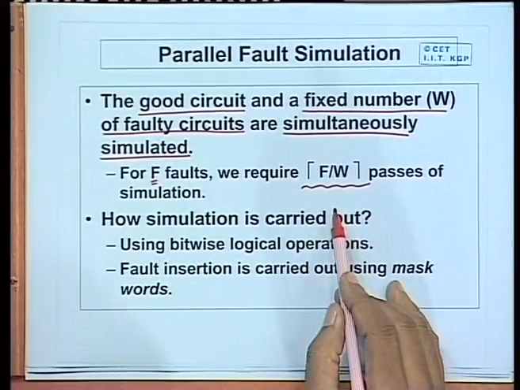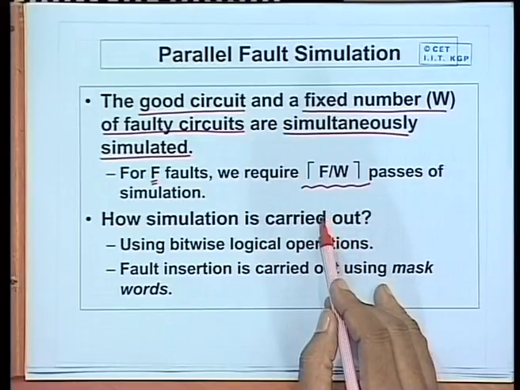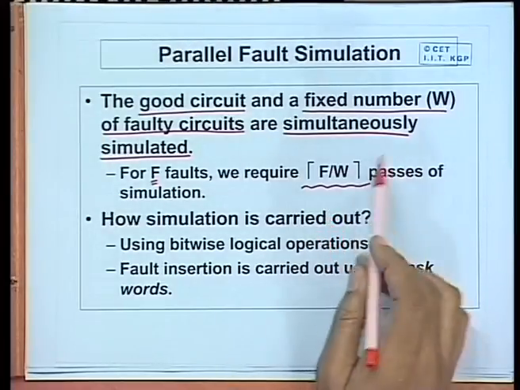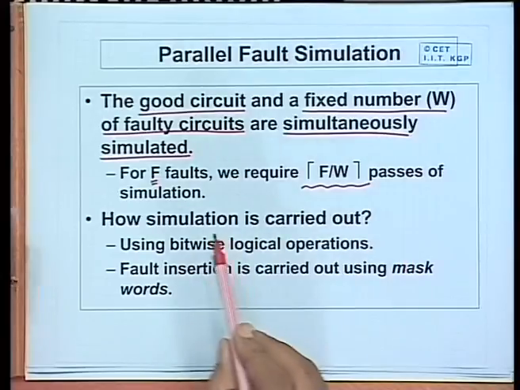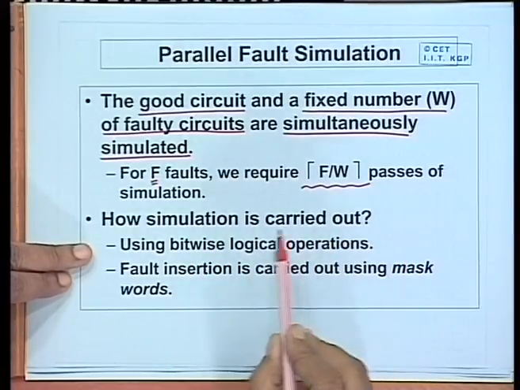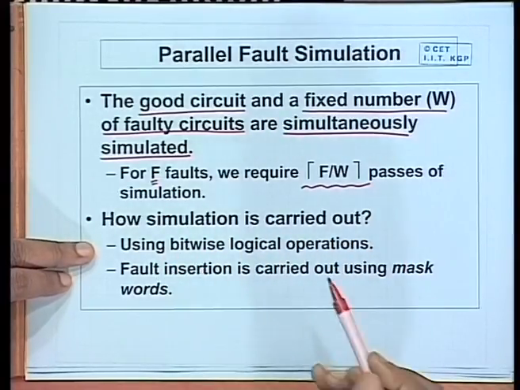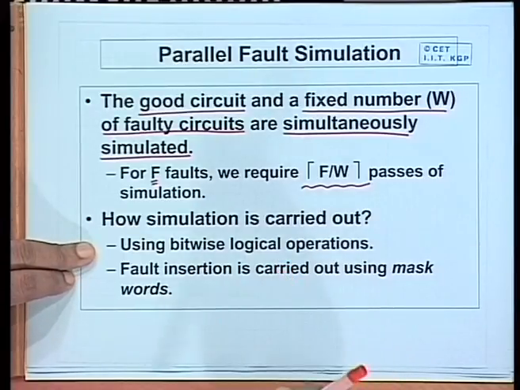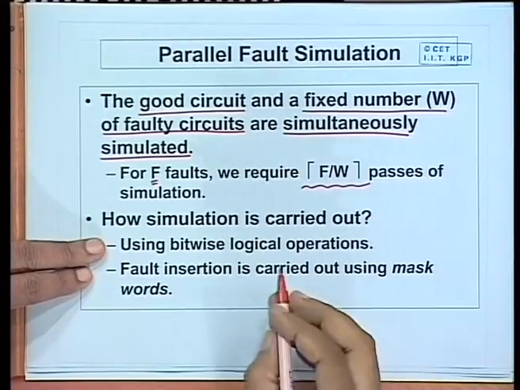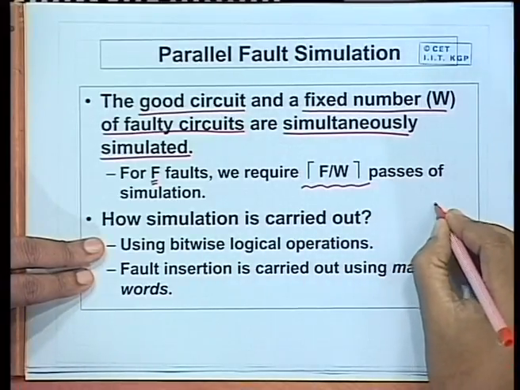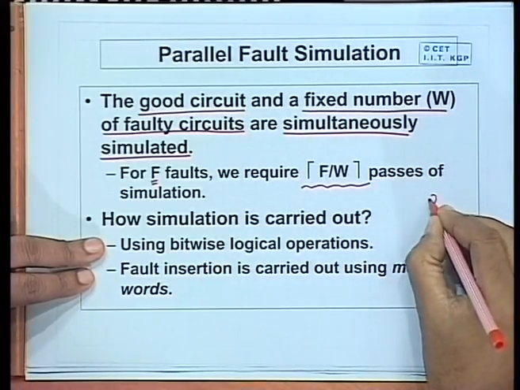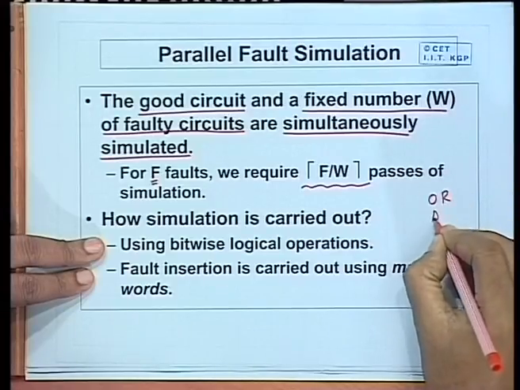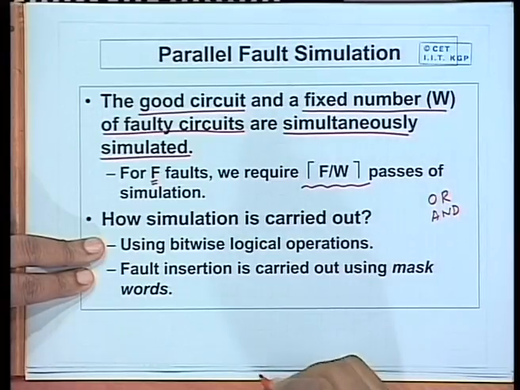Now, how are we simulating this in parallel? For this we are utilizing the inherent parallelism that is there in the arithmetic logic unit of the computer. The ALU or the instruction set of a computer has instructions like OR, AND, XOR and so on.